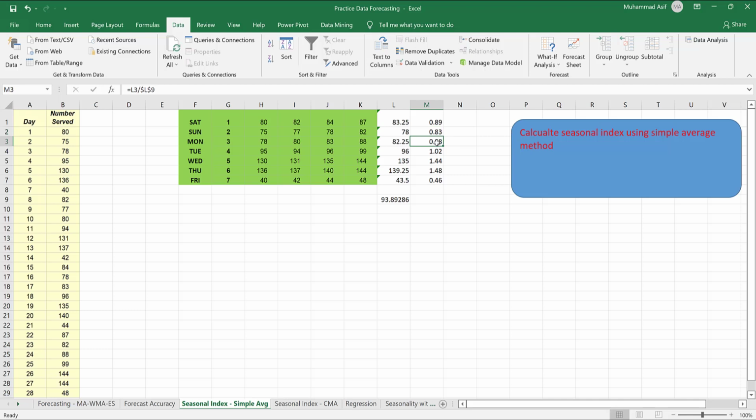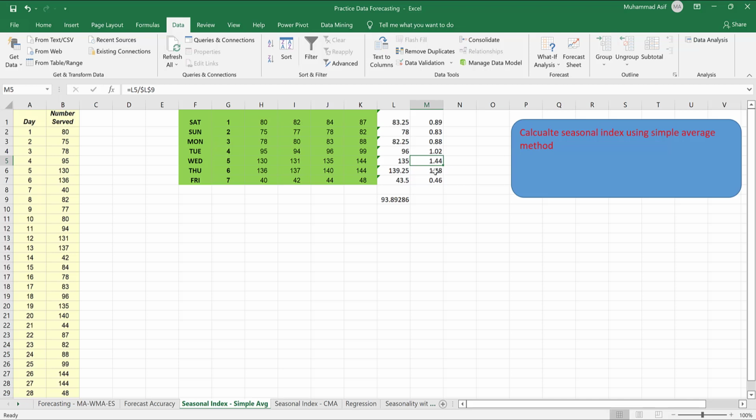Similarly, sales on Monday is 88% of the average sale in that season. On Tuesday, sales is 2% more than the average sale in the season, and over here sales is relatively very high, and that's on Wednesday. We can also see here it's 144% of the average sale of the season, or we can say it's 44% higher than the average sale in this week.